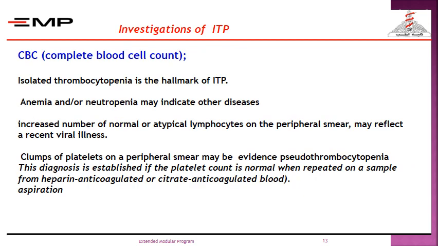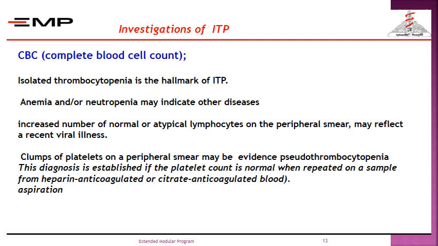How can we investigate immune thrombocytopenia? First, by doing a complete blood cell count. Isolated thrombocytopenia usually is the hallmark of the complete blood picture.